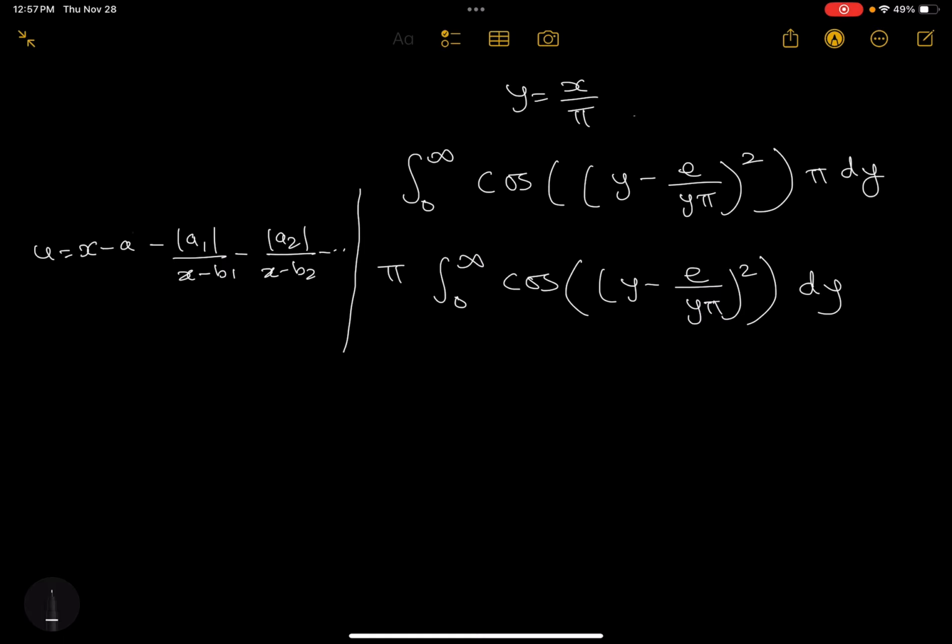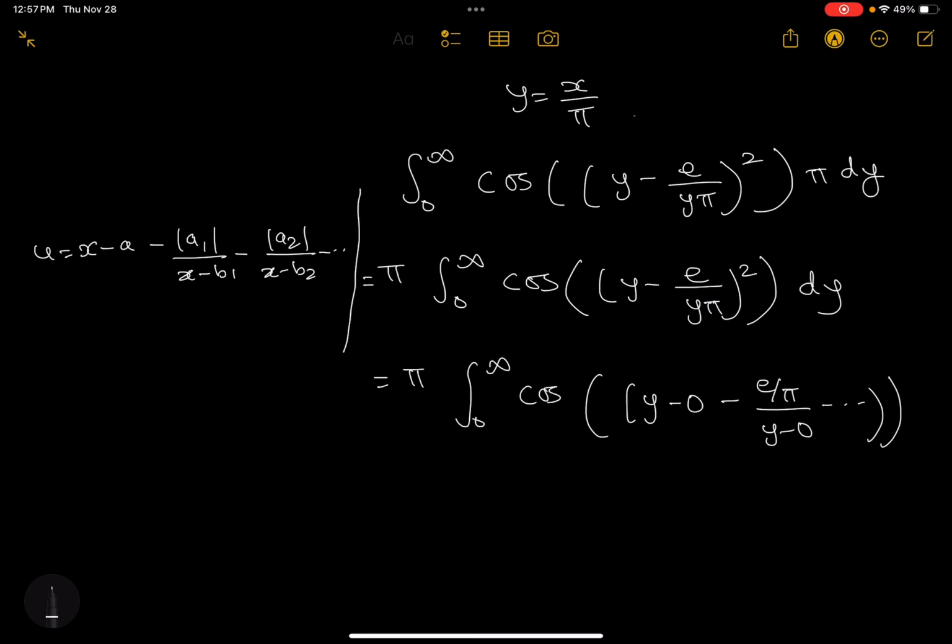If I write it in this form, pi integral from 0 to infinity of cos of (u minus, I can just have a as 0, it doesn't matter, minus e by pi by (y minus 0)). And the others are just 0, so it goes in dy.